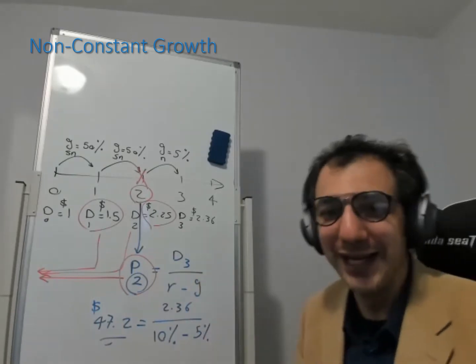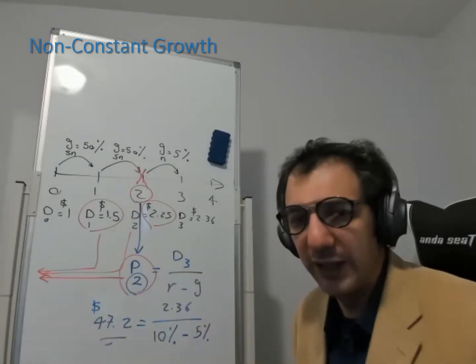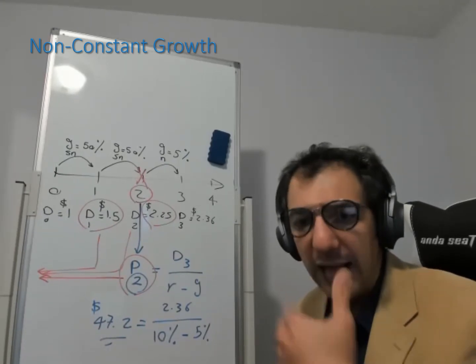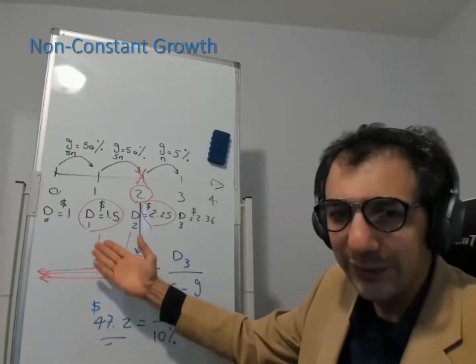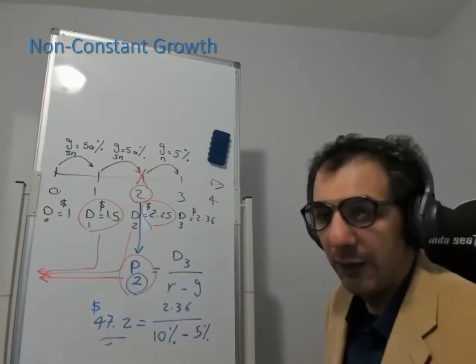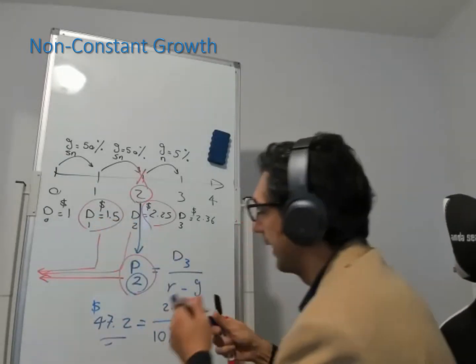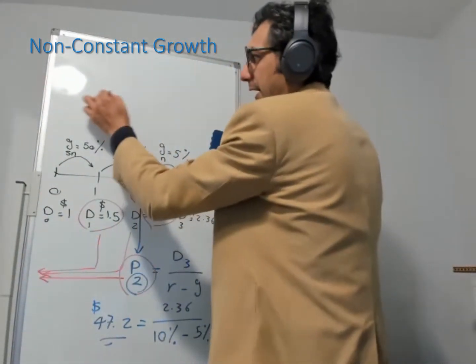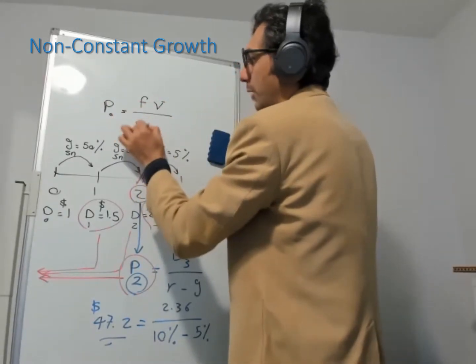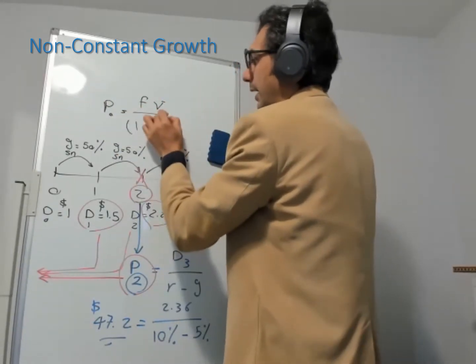You already included that. Now let me just find the present value of all these cash flows and add them all. Again, for the present value, that's a lump sum. You just need to divide this by 1 plus R. We learned that the present value of any cash flow is the future value divided by 1 plus R to the power of n.